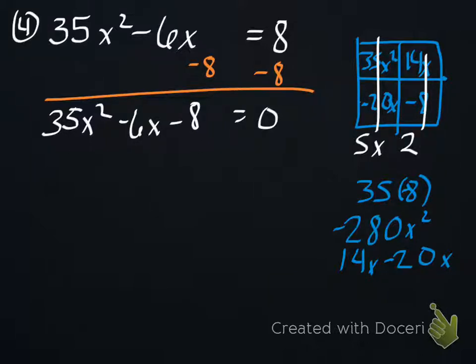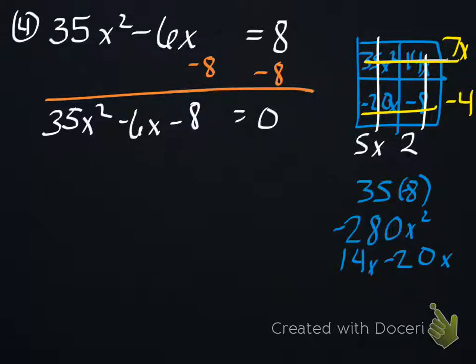Out of 35x squared and 14x, what can factor out? 7. Out of negative 20x and negative 8? Negative 4, because the farthest away is negative.